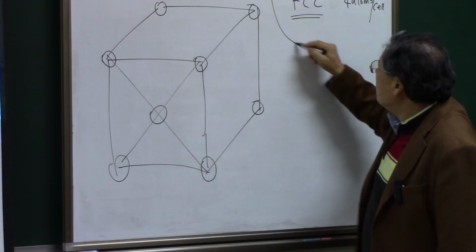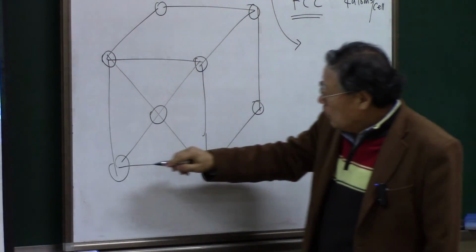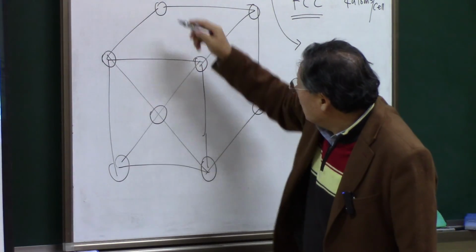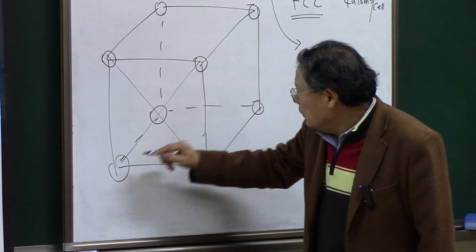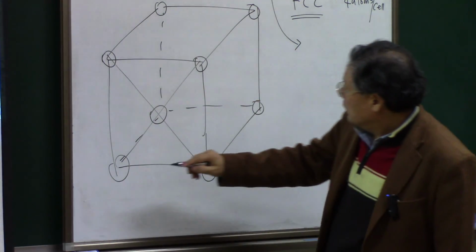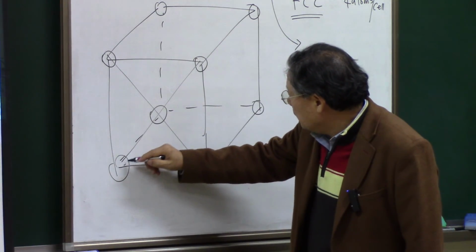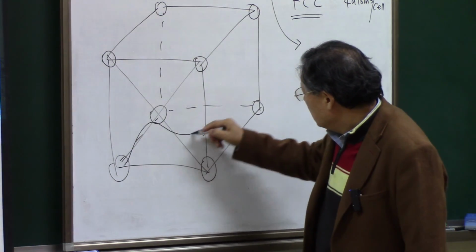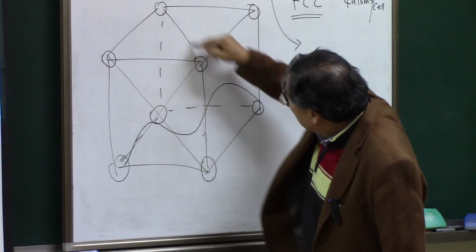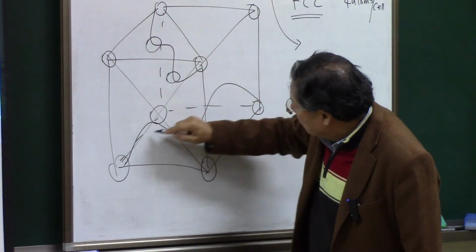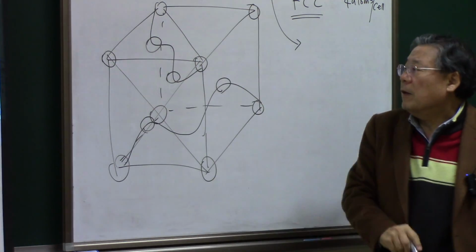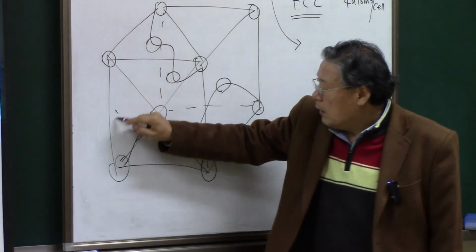But in the diamond cubic structure, we also have, in the diagonal, we are going to have one, two, three, 4 at the 4 quarter.